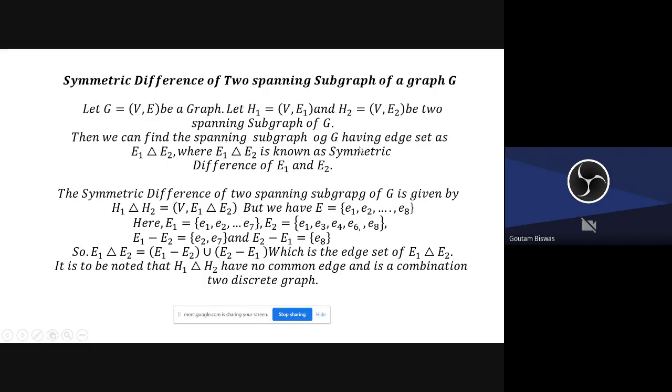Now, how is this symmetric difference defined? The symmetric difference of the two spanning subgraphs of G is given by this relationship. We have E is the set, and let E1 be equal to this, and E2 be equal to this.